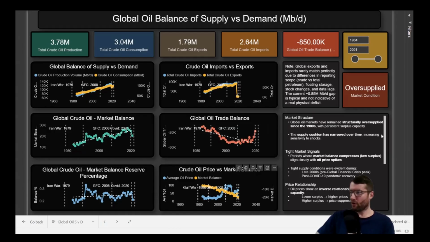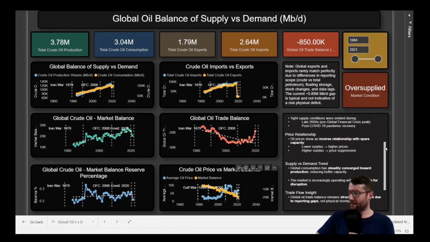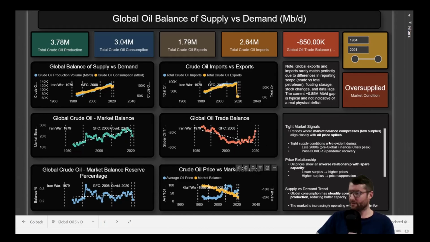Just before we close out here, guys, there are a few things I want to go over with the model. Down here, we can look at our different market signals. When market balance compresses, with low surplus, this aligns closely with oil price spikes, as just discussed.